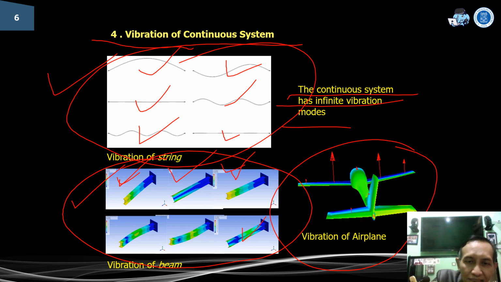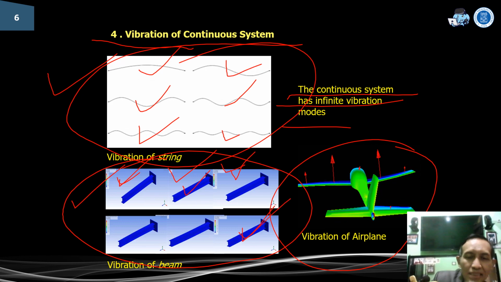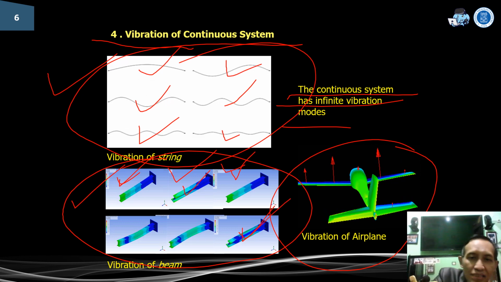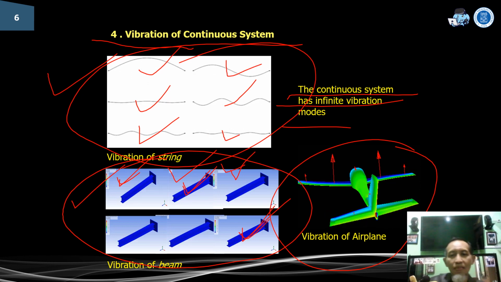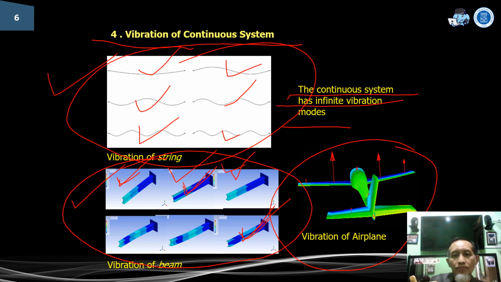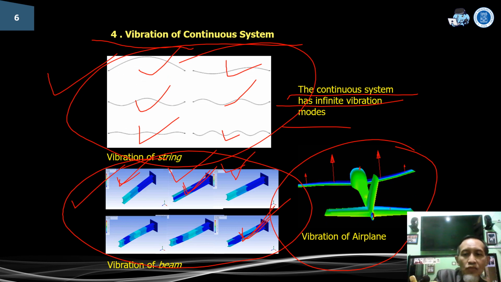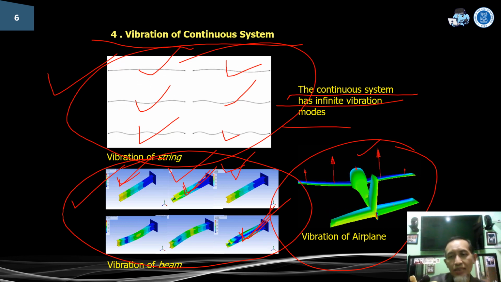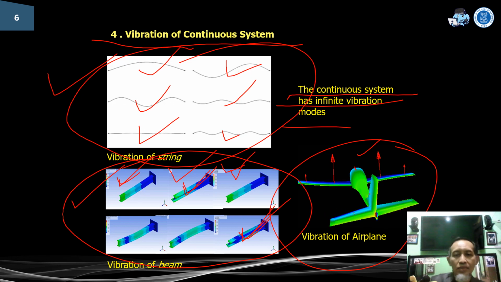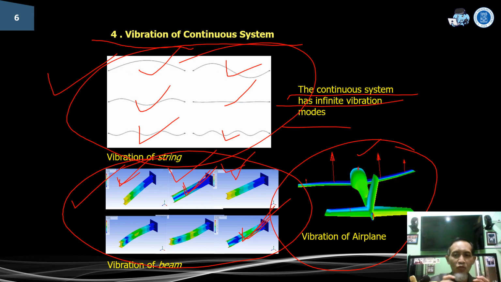This is the second torsion. Sorry, this is the first torsion. This is the second torsion. And this is the vibration of an airplane. Maybe it is a first mode shape. Mode shape means the shape when it vibrates.